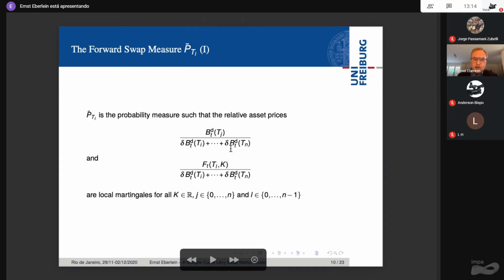For the forward swap measure, we discount by delta times the sum of the bond prices from the beginning, Ti to Tn. And by definition, the forward swap measure is the measure which makes the traded instruments, these are the two, the bond prices and the forward rate agreements, discounted in this way local martingales for all strikes and for all instruments which are in the market.